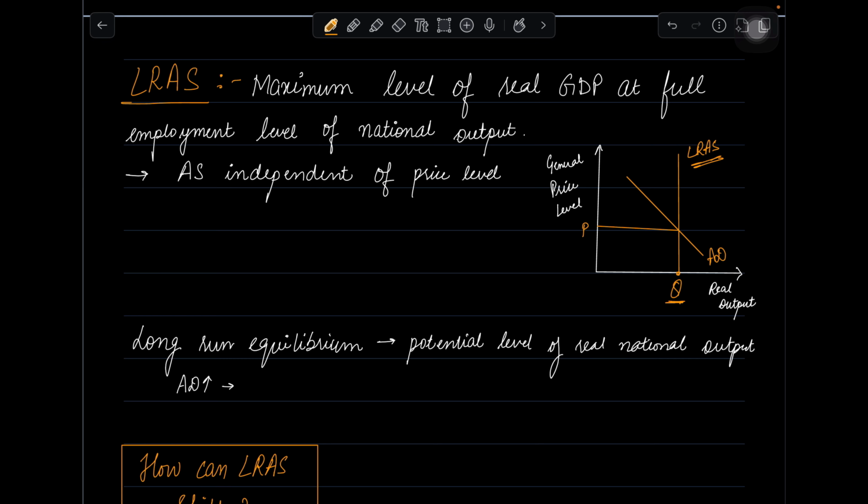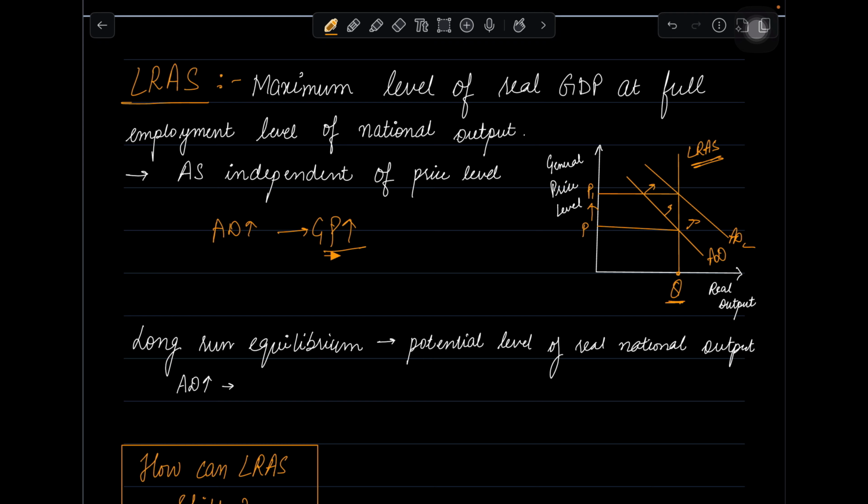Now let's suppose this is the aggregate demand curve. This is the price. If in this case aggregate demand increases, the aggregate demand curve shifts to the right, the price will increase. It will create inflationary pressure.